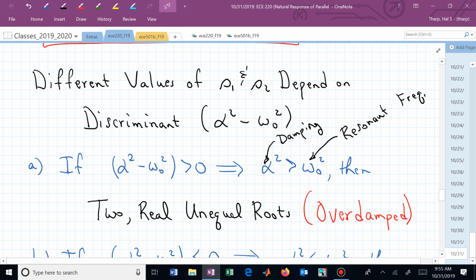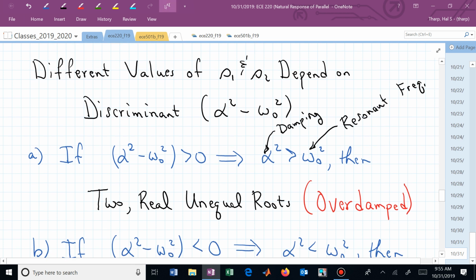So you could think of this as, oh, our damping is bigger than our resonant frequency, so it's over. That's where the overdamped you could think of is coming from. You have more damping relative to the resonant frequency.